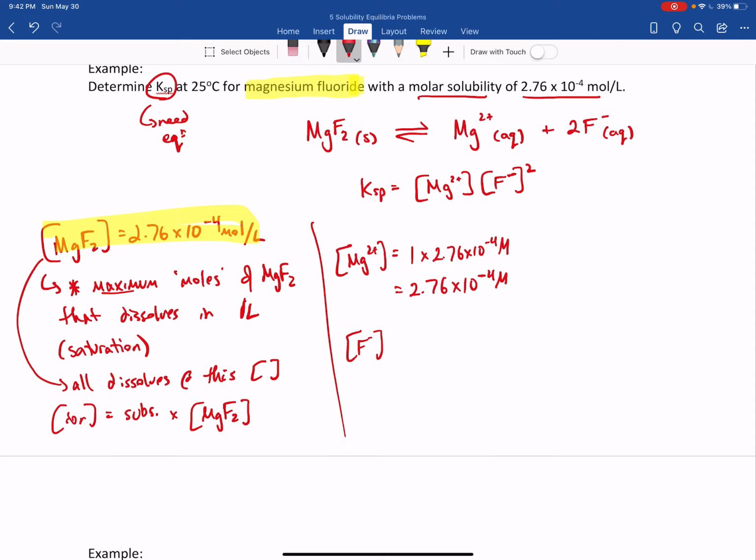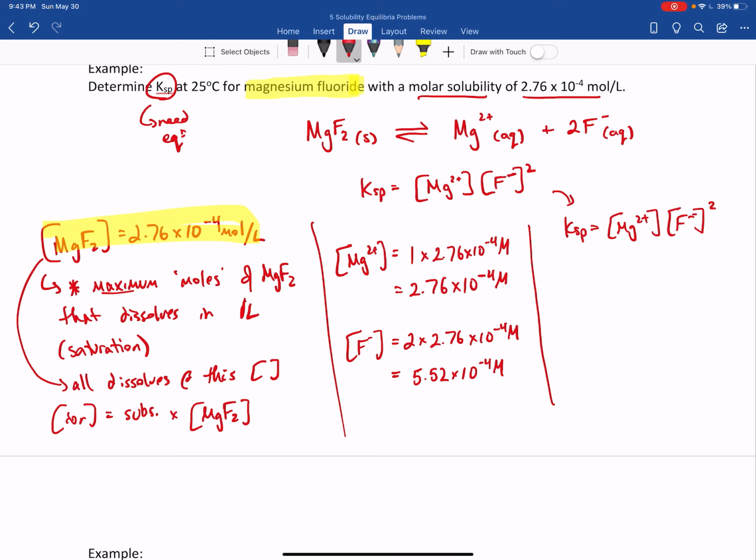Now for F minus, because there's a subscript of 2, when all of the MgF2 dissolves, there's going to be twice as many fluorine ions, which means it'll have twice the concentration. So we'll multiply that value by 2. So we can use the property of the solute, its solubility, to determine what the maximum ion concentration will be. And now we can sub that in. So we can say KSP is equal to [Mg2+][F-] squared. So we'll plug our values in.